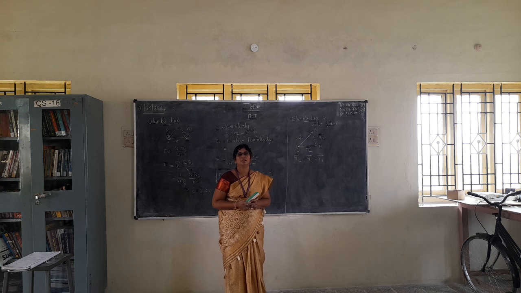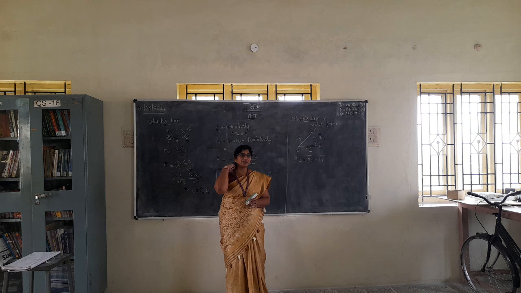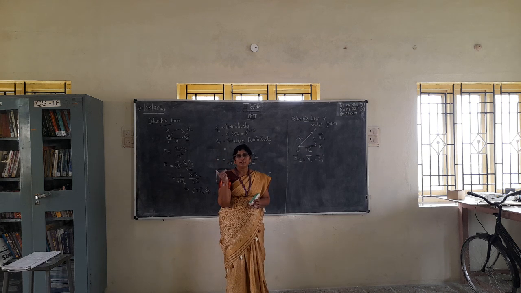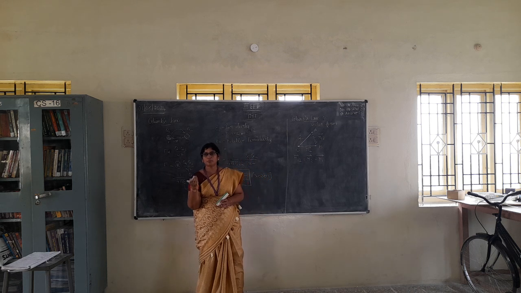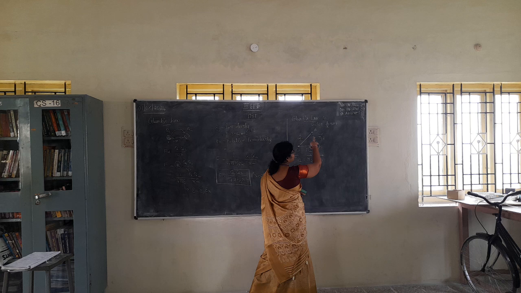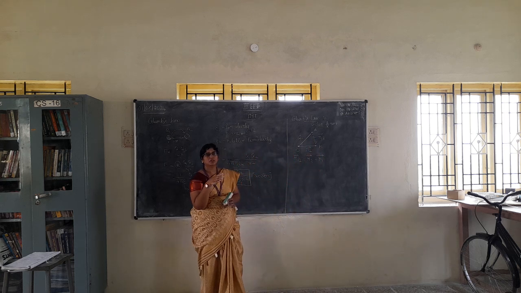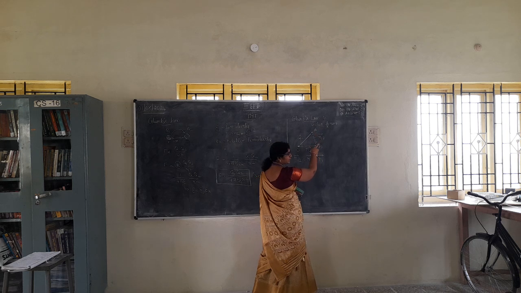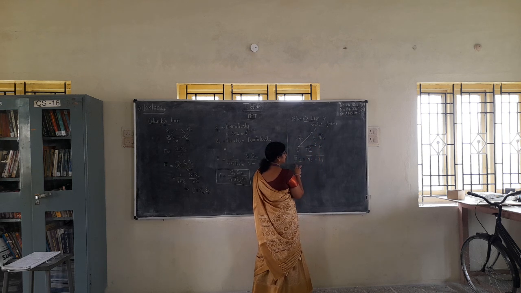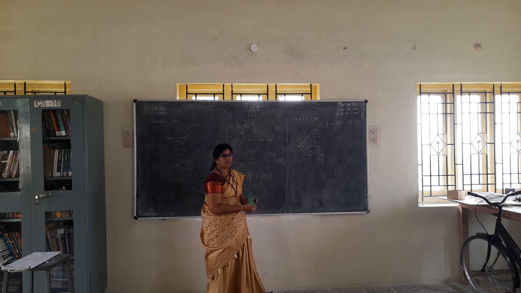We have two vectors separated by a distance, and it is called a position vector. Instead of vectors, it is represented as two point charges, and the distance is taken as R12, which is R2 minus R1.